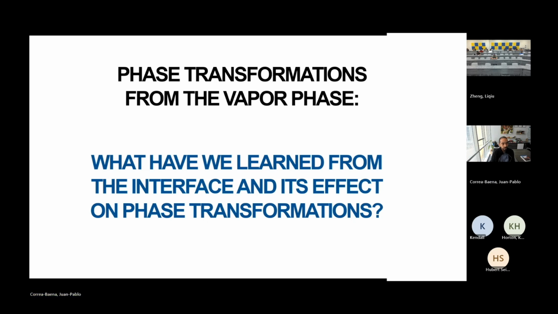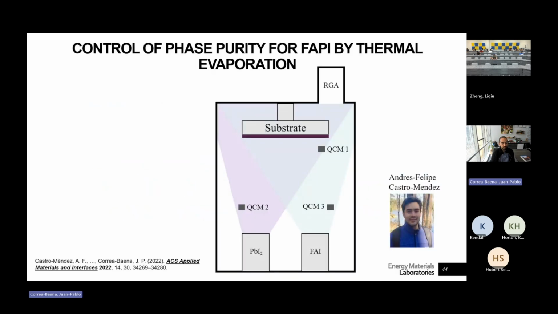So what have we learned from the interface and its effect on phase transformations? Here's the chamber that we use. We have this big chamber that is sitting in our labs, and we have 2 different precursors that we can control the temperature of and evaporate. Here you can see this cone.